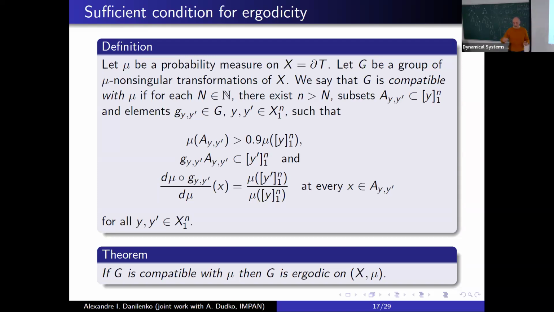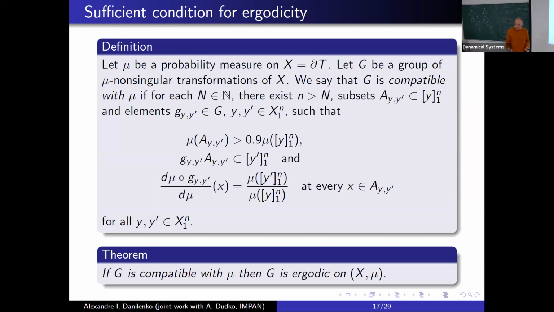So instead of taking any two possible sets, let's take only sets which generate the entire sigma algebra, for instance, in our situation, cylinders. So we want to check ergodicity on cylinders and somehow deduce ergodicity on the whole space.